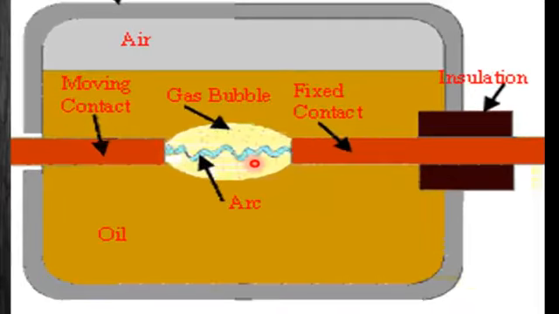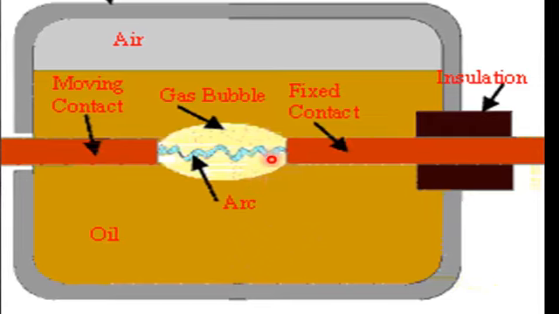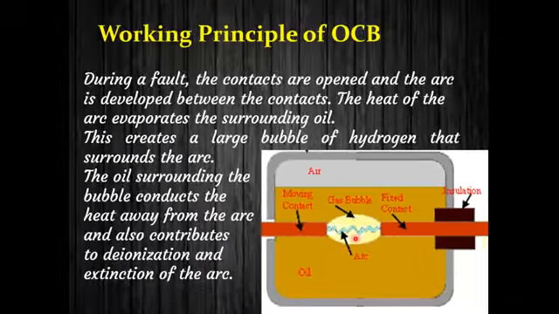The heat of the arc evaporates the oil, and this creates a large bubble of gas which mainly consists of hydrogen, and this bubble surrounds the arc from everywhere, and the oil surrounding the bubble conducts the heat away from the arc, which helps in cooling of the arc and also contributes to deionization and extinction of the arc.